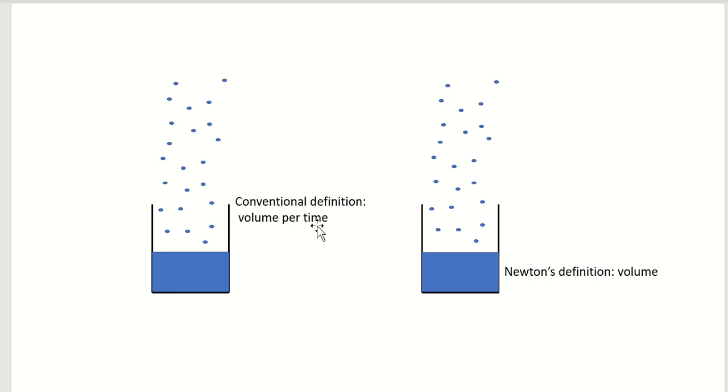So basically you can talk about a point in time. And Newton's definition would be how much water was collected during some time, so that would be just volume. So the difference is how these definitions relate to time, and Newton's force is what conventional force accumulates into over some period of time.